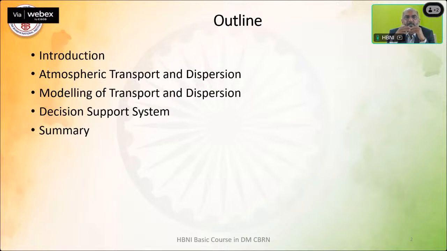Then with this basis, how a decision support system is organized and what are the various elements of a decision support system and how it is used. And also give a few examples about how various modeling techniques are being used or have been used in past emergencies, and you can get an idea how such models help in the overall preparedness and response of CBR emergencies.